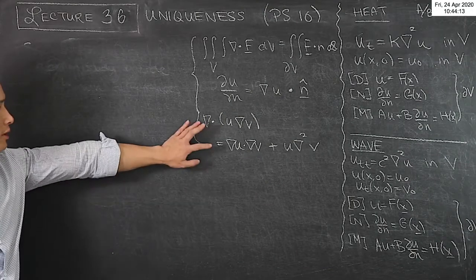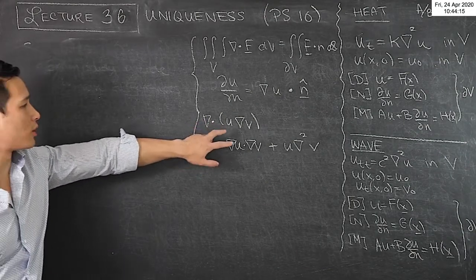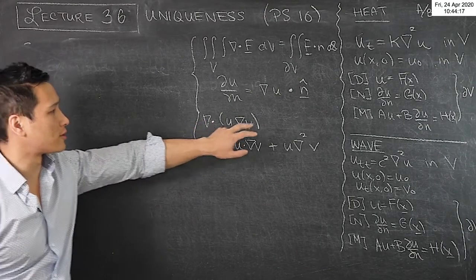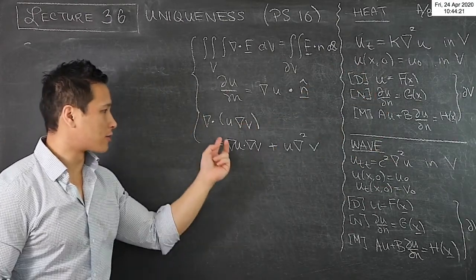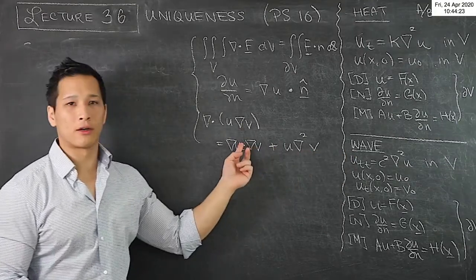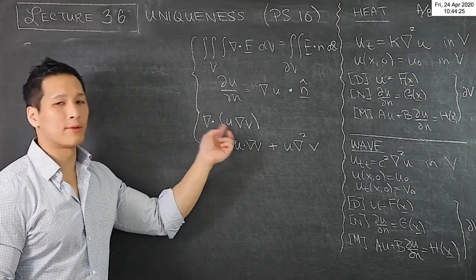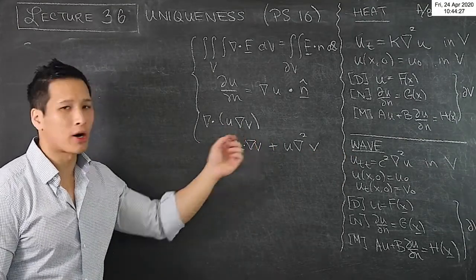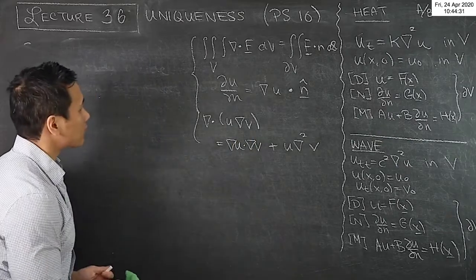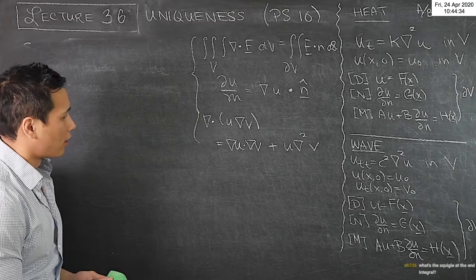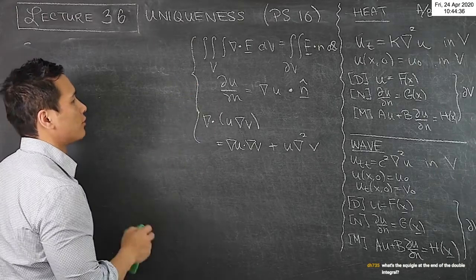You end up using this kind of formula with a different choice, so the u here is not going to be the same as these u's. For the heat equation, you'll use a version of this, and for the wave equation, you'll use a slightly different version with a time derivative instead. But this is just the product rule for the vector calculus form. I think that's basically all we're going to need to prove those two results.